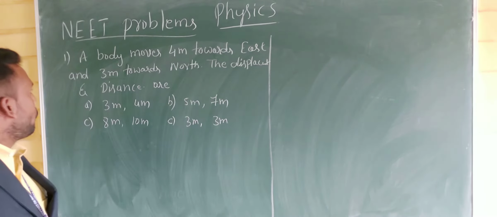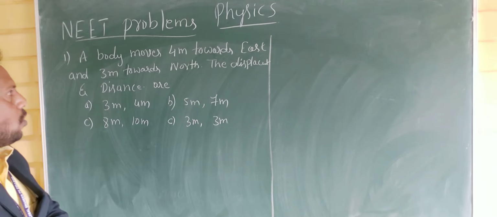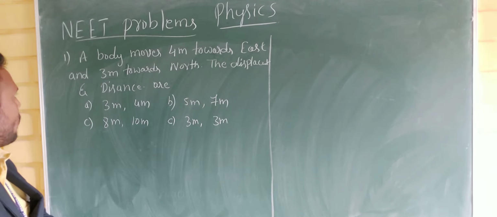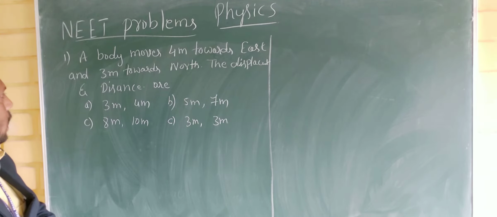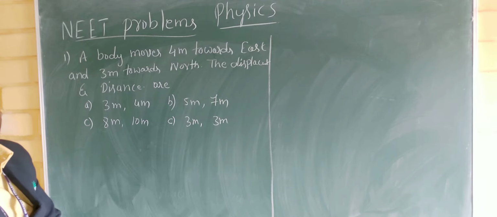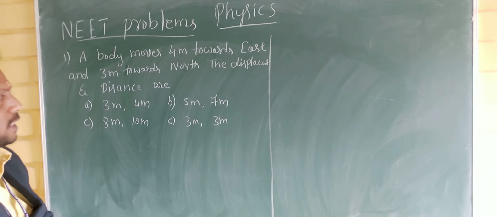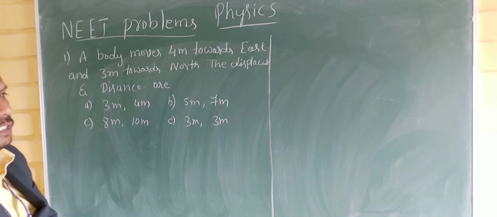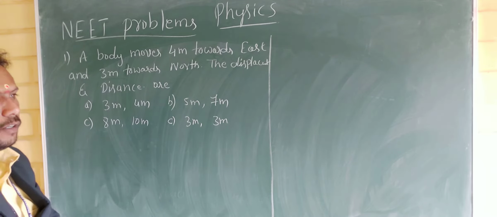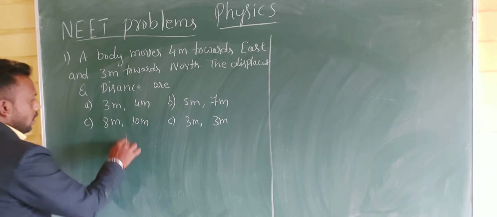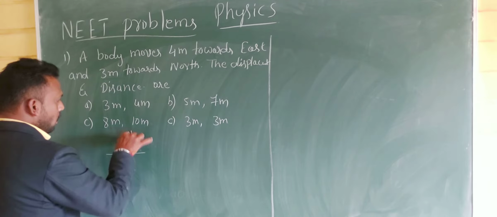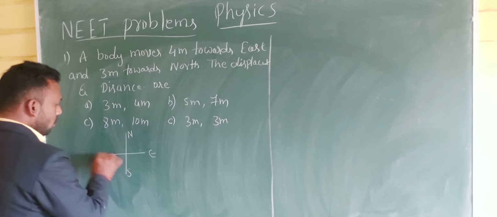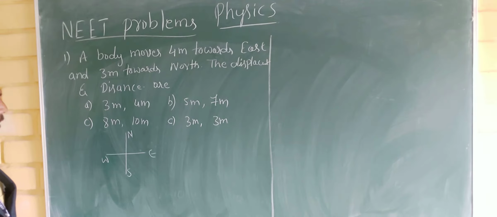These are the options. A body moves 4 meter towards east and 3 meter towards north. The displacement and the distance are: first is displacement, second one is distance. How to calculate? These are the directions: north, south, east, west.